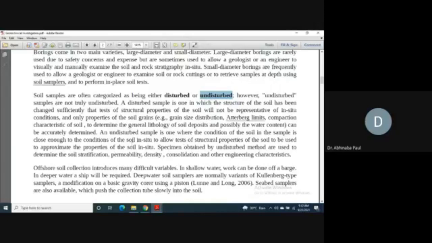Like we want to know shear strength, unconfined compressive strength, settlement value, consolidation value, permeability value. So these we have to find out by collecting the undisturbed sample only, because this resembles the actual field condition. But for other things, only disturbed will be enough.